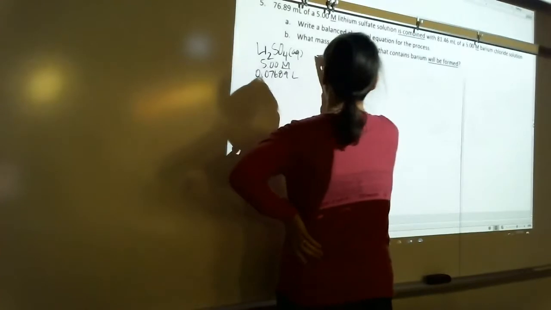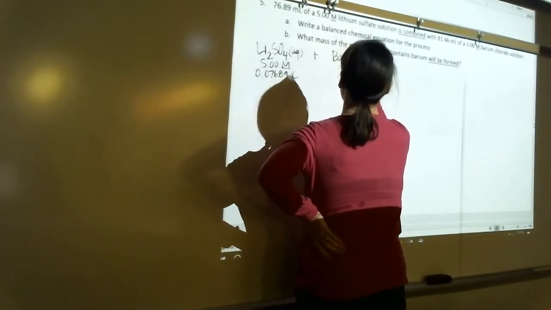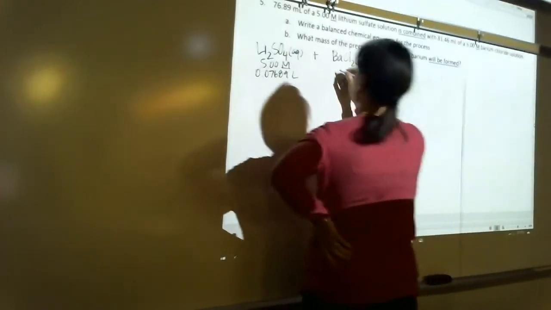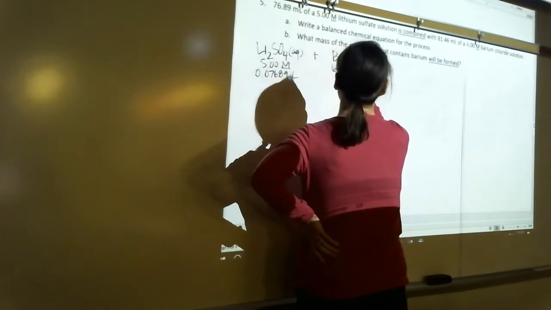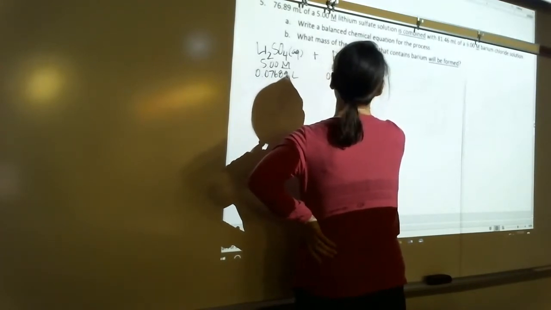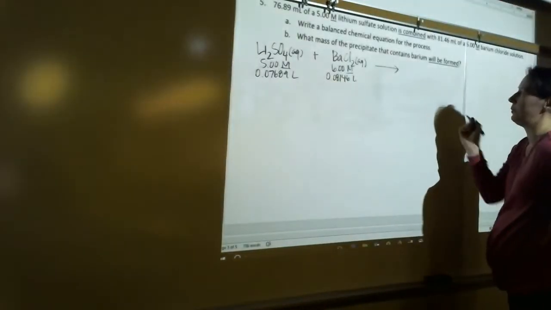It's combined with barium chloride, and it's got a molarity of 6. It's a pretty high molarity. And 0.08146 liters. All right, I told you the precipitate contains barium.